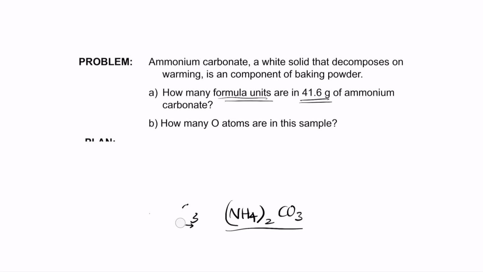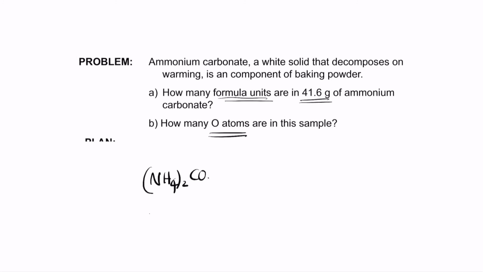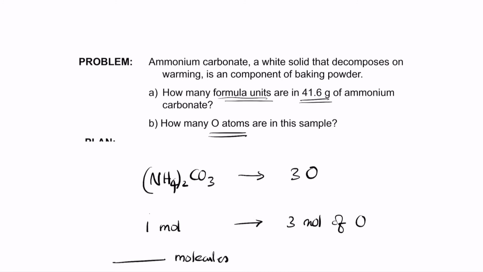Now I want to do the last one, which is the B part. The B part asks you for the number of oxygen atoms. Notice that in each formula unit of ammonium carbonate there are 3 oxygens. Use this ratio, which means that 1 mole of ammonium carbonate contains 3 moles of oxygen, which means that whatever the number of molecules that you end up with, oxygen will be 3 times that number.